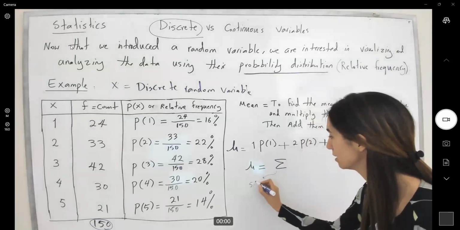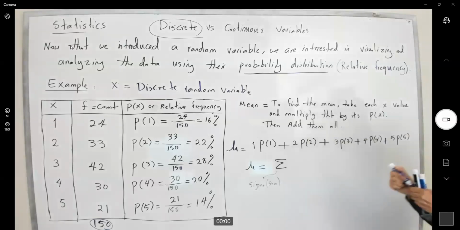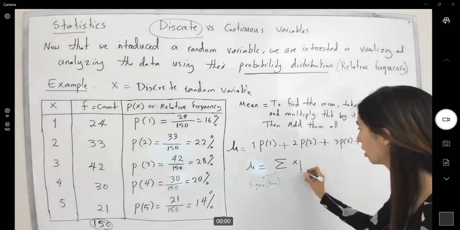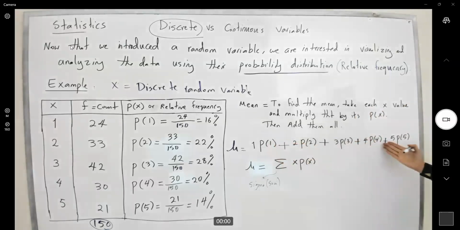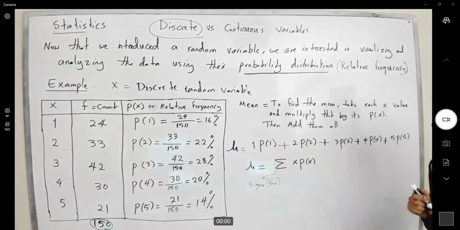So sigma, sum of x times p of x. Write it in expanded form this way, write it in compact form this way. Okay, guys, take your time, calculate the mean for me.